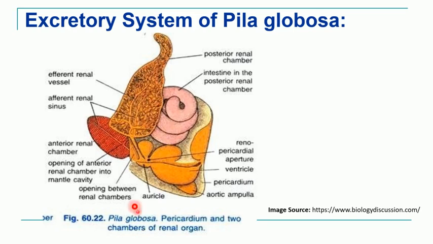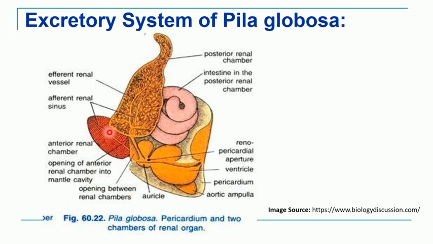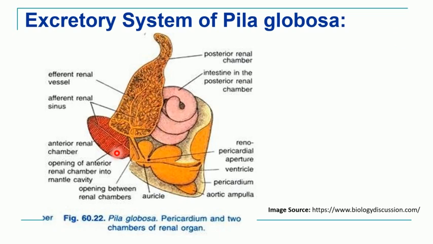Now in this upper side, that is the roof, it will have a thick longitudinal axis which is having the efferent renal sinus. So in this diagram you can see this line, the longitudinal middle line. This is nothing but the efferent renal sinus, and on either side of this efferent renal sinus you will find small leaf-like processes.